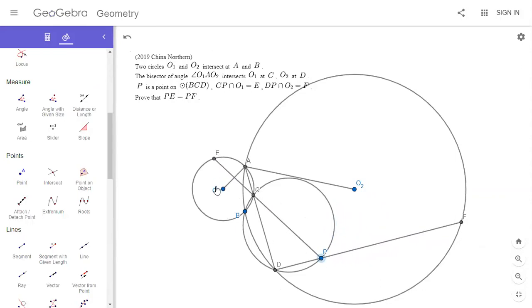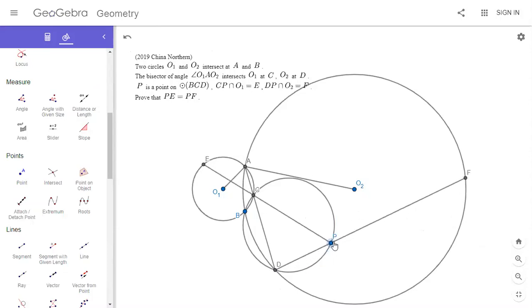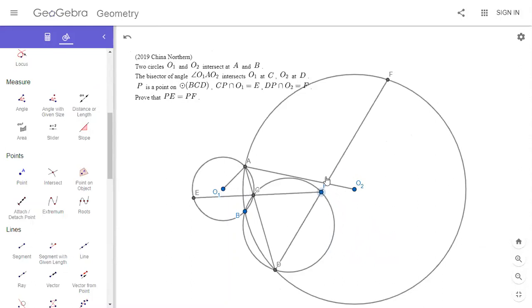All right. Let's kind of like power of a point a little bit, right? Because PD times PF is the power of P with respect to the circle. I wonder if PD is equal to CE. That looks like it. No, not necessarily.